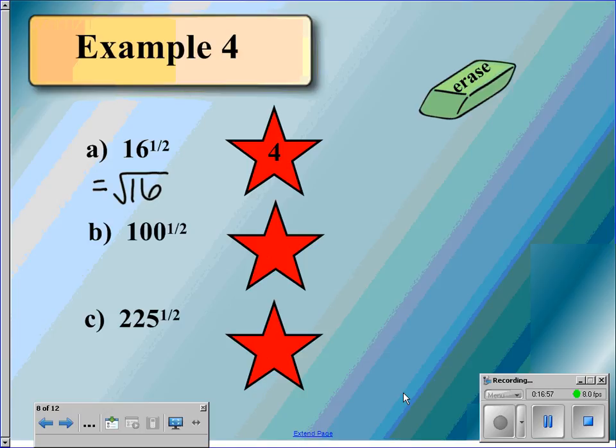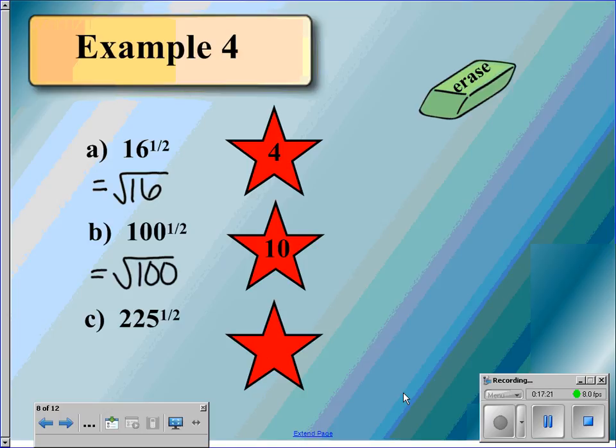What about 100 to the 1/2 power? What's 100 to the 1/2 power? It's the same thing as the square root of 100. What is it? 10. Perfect.